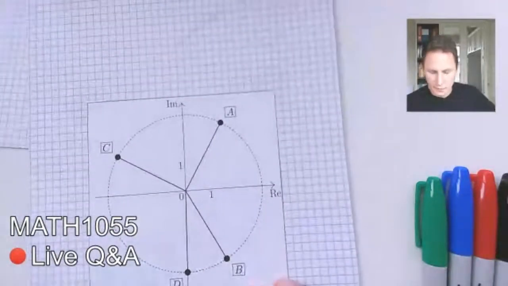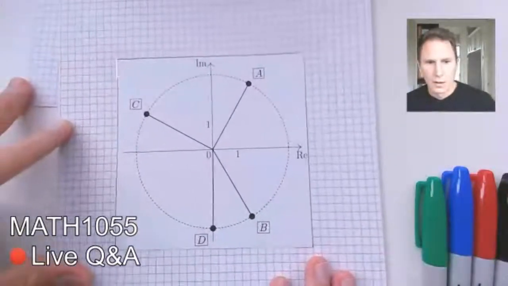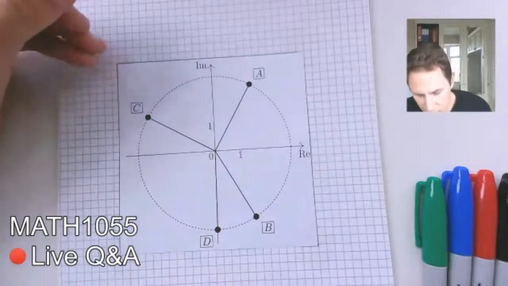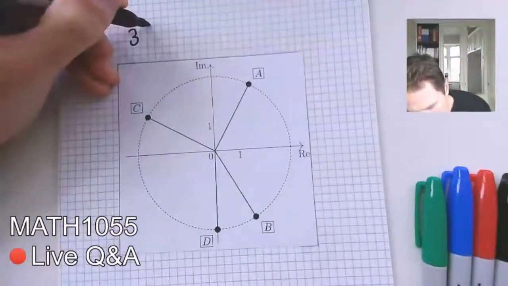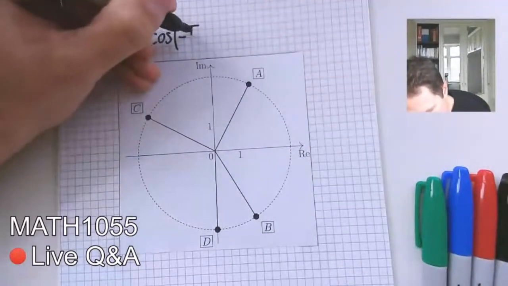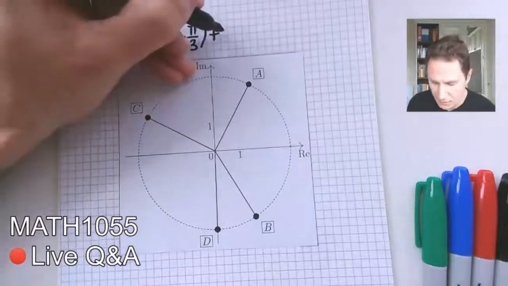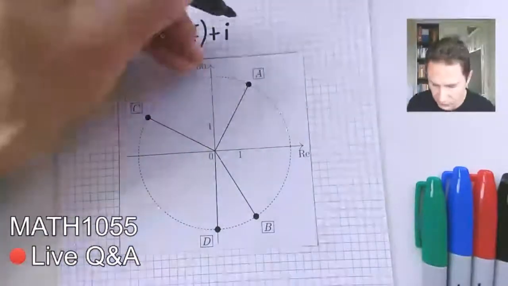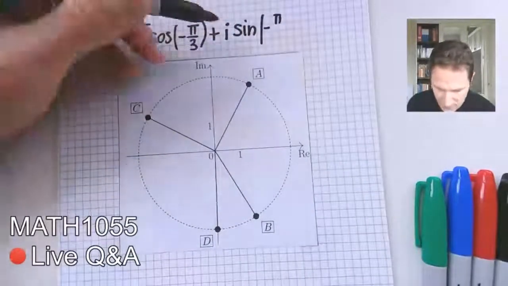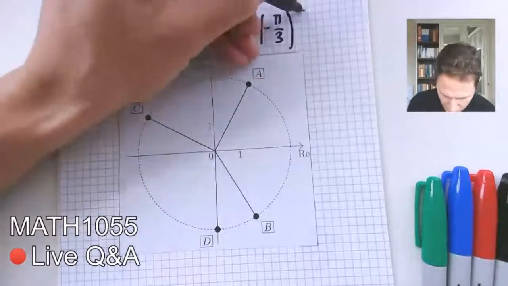Okay, so here it is, the same diagram with the 4 points, and our number, if I'm not mistaken, was 3 times the cosine of negative pi over 3 plus, and there was a typo, an i was missing in front of the sine, i times sine of negative pi over 3.